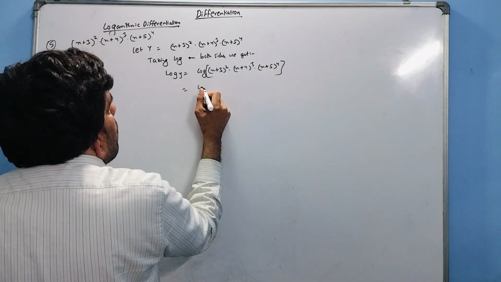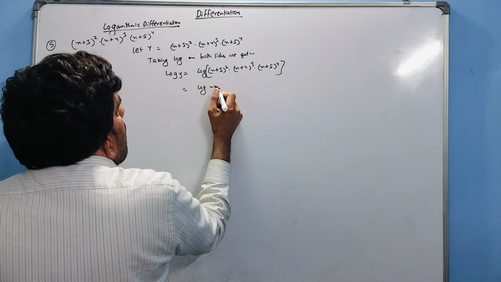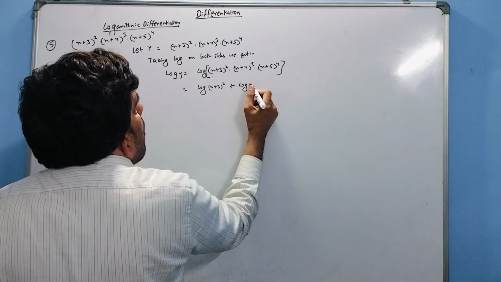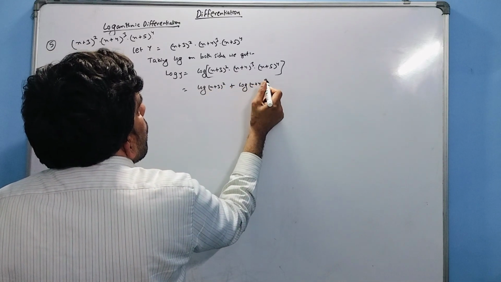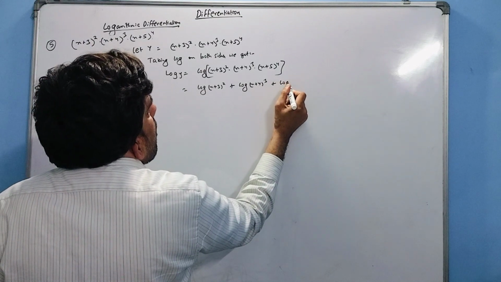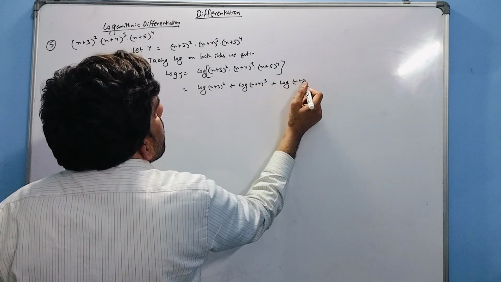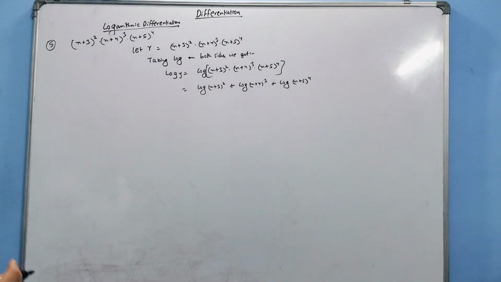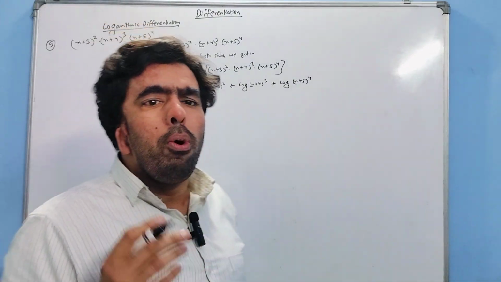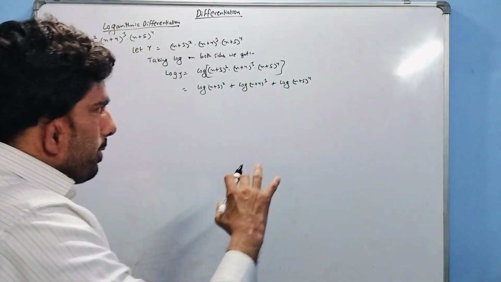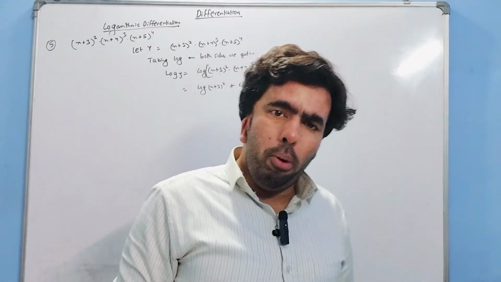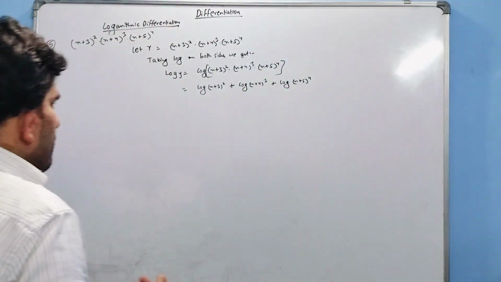Now what we can do, log (x+3)^2 plus log (x+4)^3 plus log (x+5)^4. We are using the formula for log ab = log a + log b. Here we have 3 factors a, b, c, so log of abc will be log a plus log b plus log c. Okay, so like this we can do it.